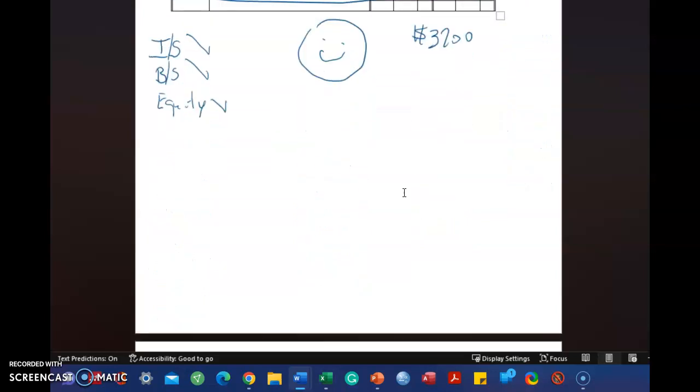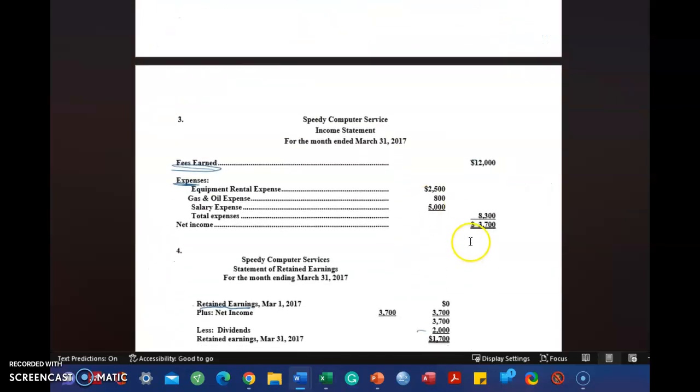Let's look at the income statement. It is. So revenue, or fees earned, that's what they're calling it in this company, minus those 3 expenses. Remember I told you 2,500, 800, 5,000. You can pause the video if you want and go look back. We get net income of $3,700. And remember, we have equity that changes over time, and it's made up of DIRE.